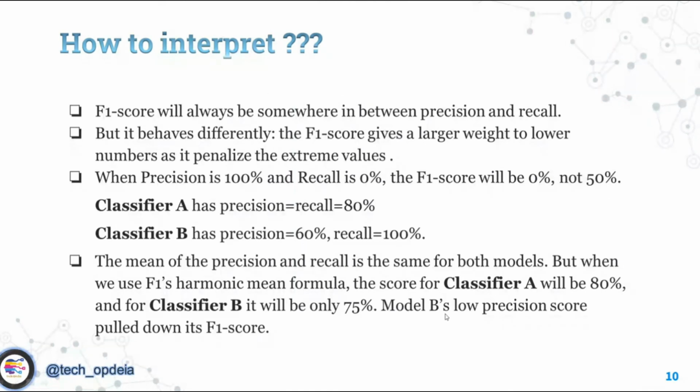So model B's low precision score pulled down its F1 score as it penalized the extreme values. It focuses on false negative and false positive.